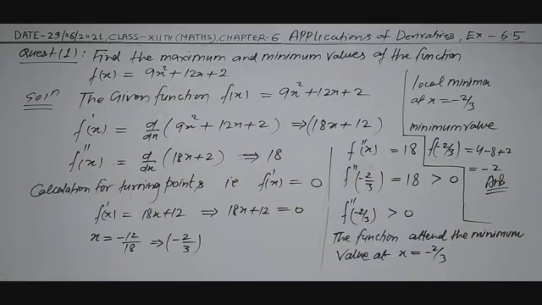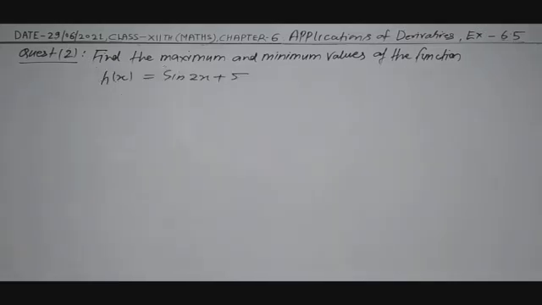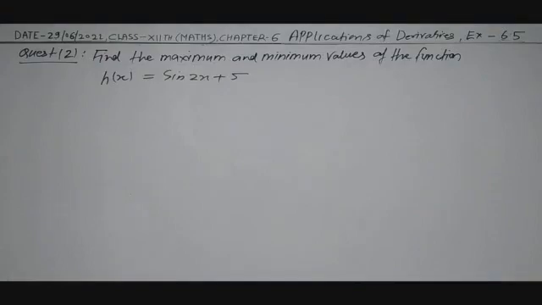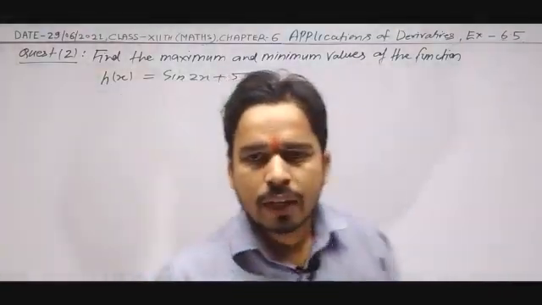Now come to the second question. Question number 2 is, find the maximum and minimum values of the function h(x) = sin(2x) + 5. This is our question, and we have to find out the maximum and minimum values.